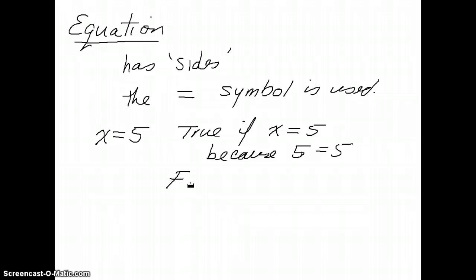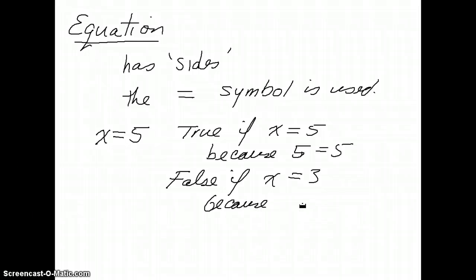But it's false if x equals anything else, say 3. Because when I replace x with 3, I find that 3 equals 5? No, 3 does not equal 5. The line through this equation symbol means not equal to, so I would say 3 does not equal 5.